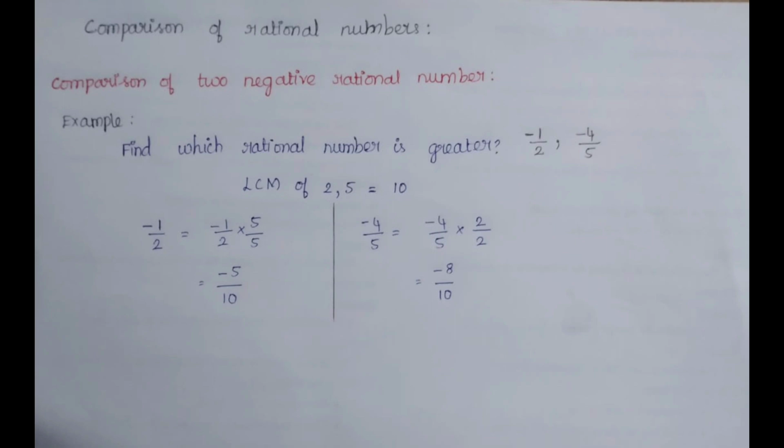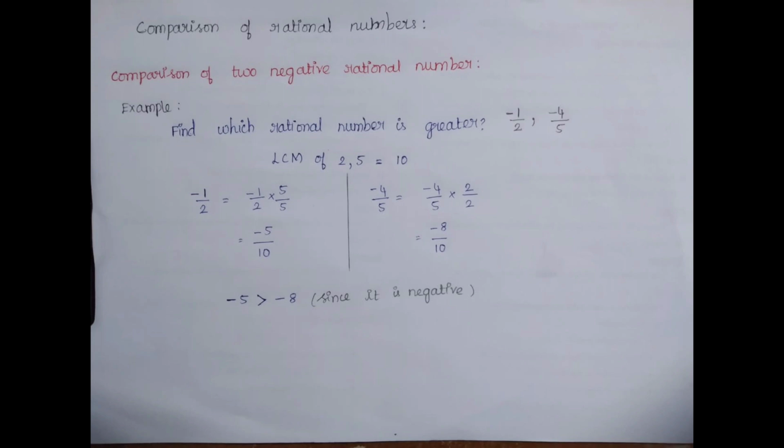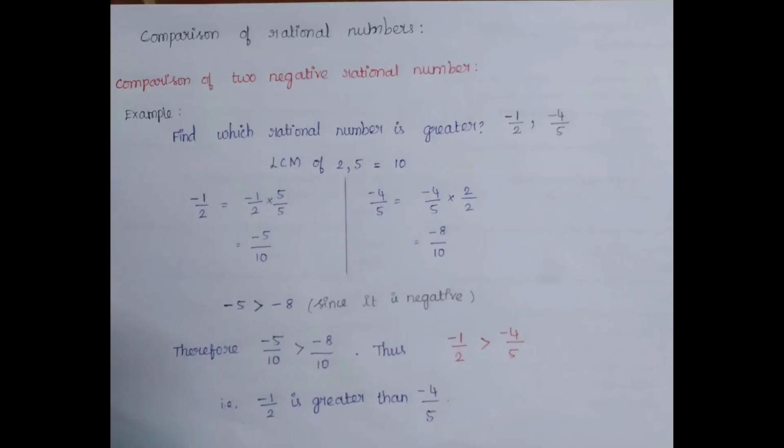If you multiply minus 4 by 5 by 2 by 2, we get minus 8 by 10. Now look at the numbers minus 5 by 10 and minus 8 by 10. Both denominators are the same, 10. If the denominators are the same, we can easily compare the numerators, minus 5 and minus 8.